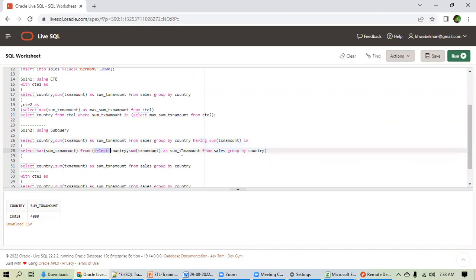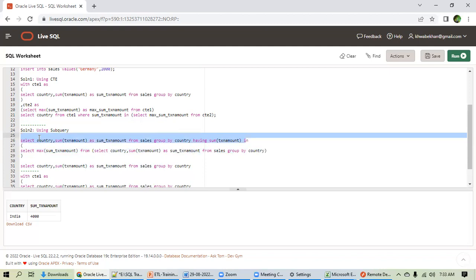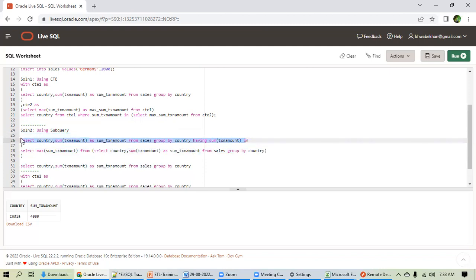First of all, this is one inner query. For this inner query, you have this outer query, right? Now this entire query is acting as an inner query for this outer query. So this becomes a nested subquery, and this impacts the performance as well. Why? First of all, this will be executed, and we'll get this as an output.